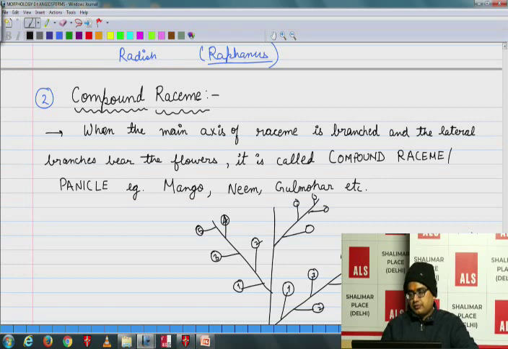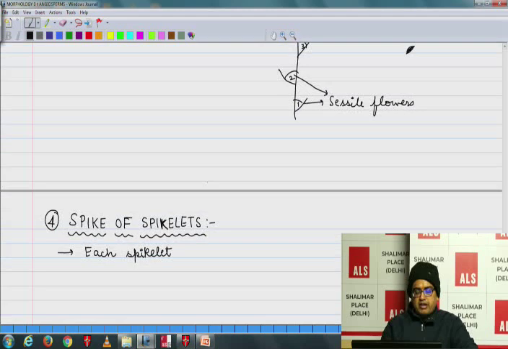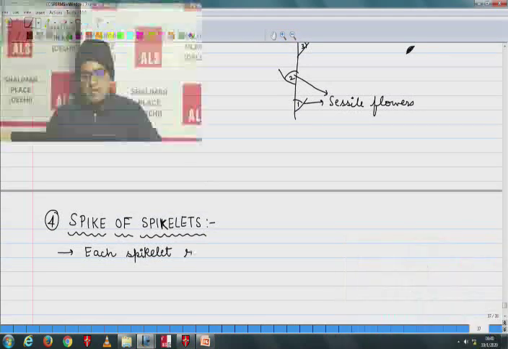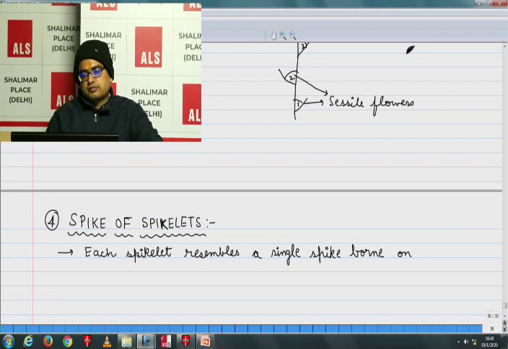So, you can say each spikelet resembles a single spike borne on a long branched inflorescence axis.